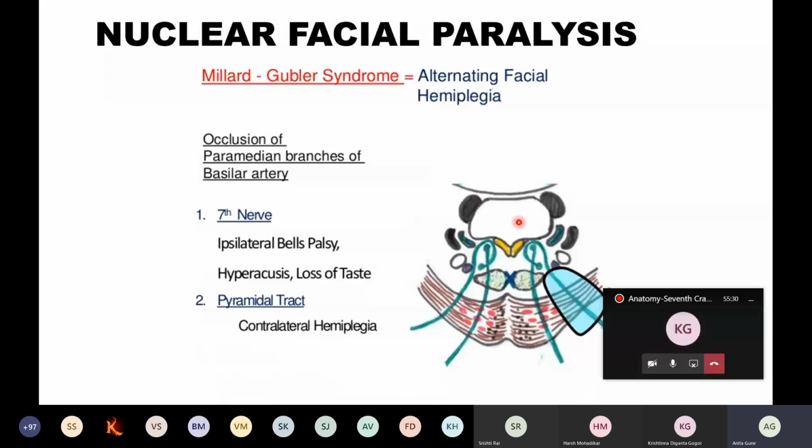The nuclear paralysis, along with the abducent nerve and the corticospinal tract, gives contralateral hemiparalysis, and same-sided facial nerve paralysis with hyperacusis because the stapedius muscle will also be paralyzed, and there will be loss of taste sensation. This is called Millard-Gubler syndrome, alternating facial hemiplegia.